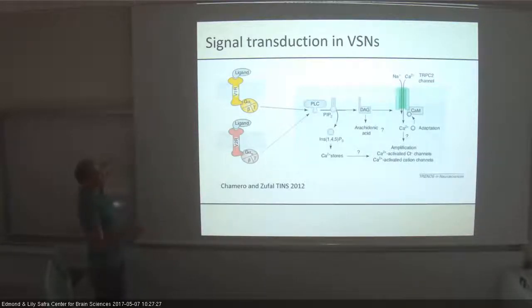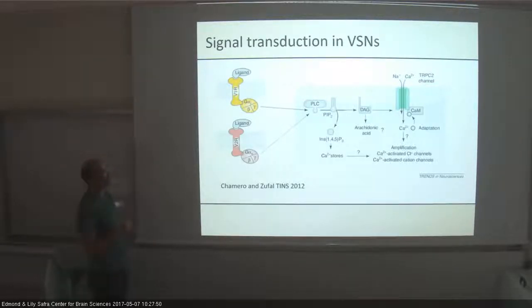That's the enzyme that cleaves the lipids in the membrane. But the point that I want to make, which is relevant for the next slide, is that there's a different ionic channel that mediates the depolarization that activates these neurons. This is a channel called the TRPC2 channel. You may have heard of TRP channels.